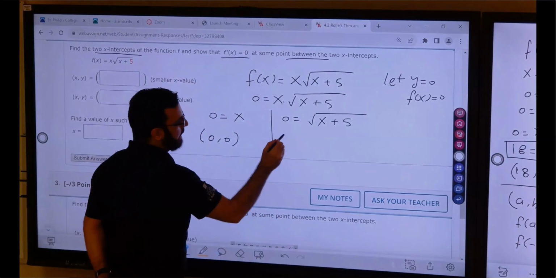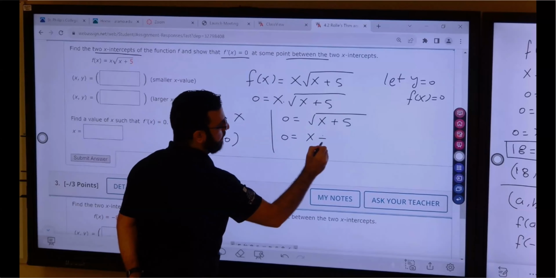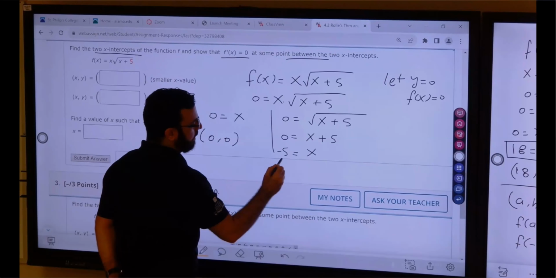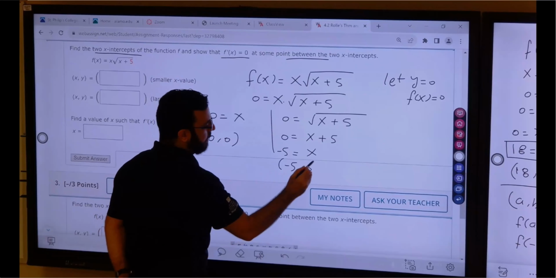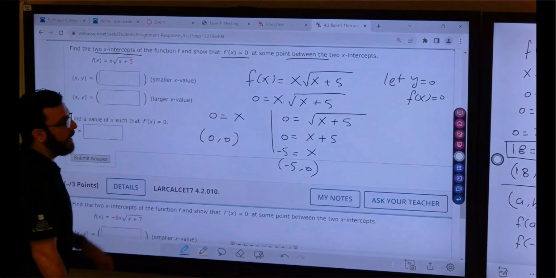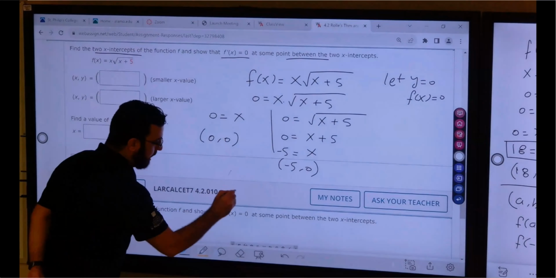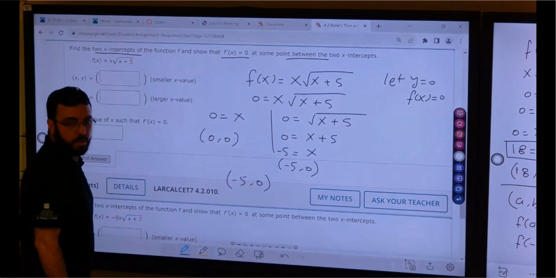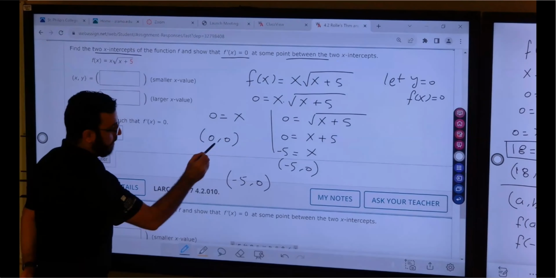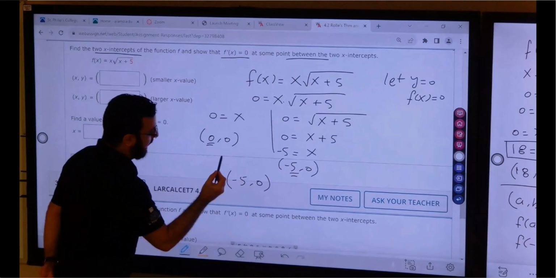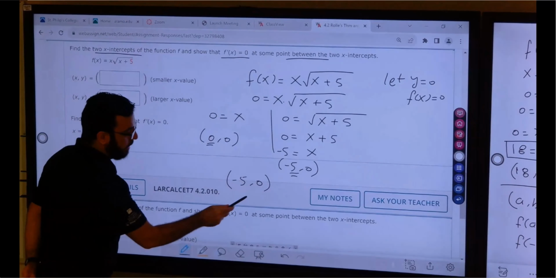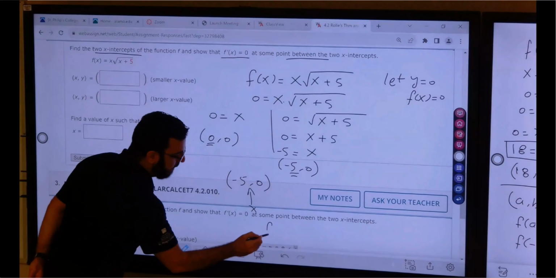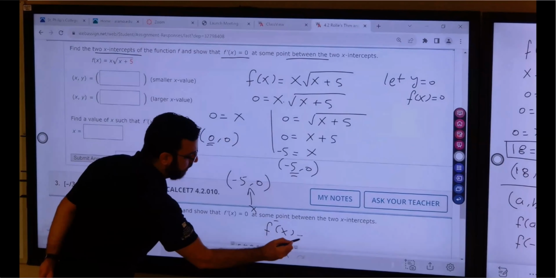Square both sides, x plus 5, that means x is going to be equal -5. So -5 and 0. Here's our interval from -5 to 0. I need to find x between these two numbers where the derivative of this x equals 0.